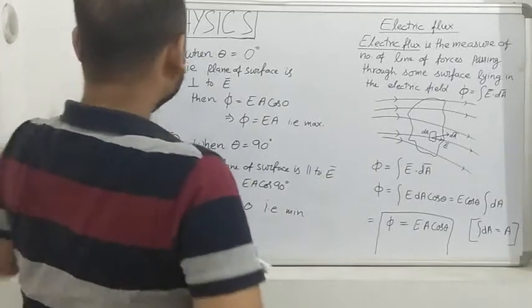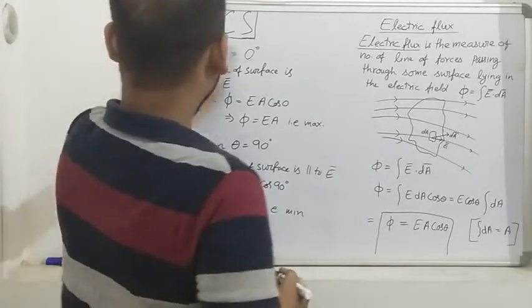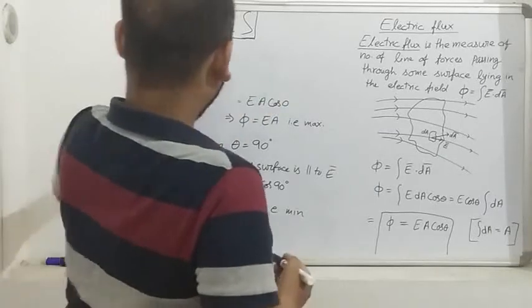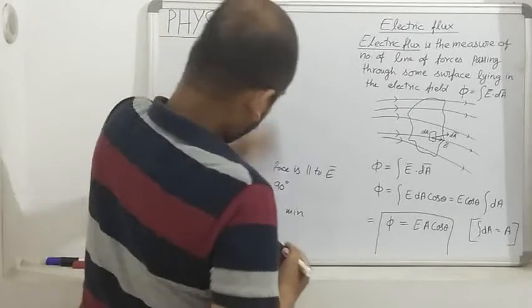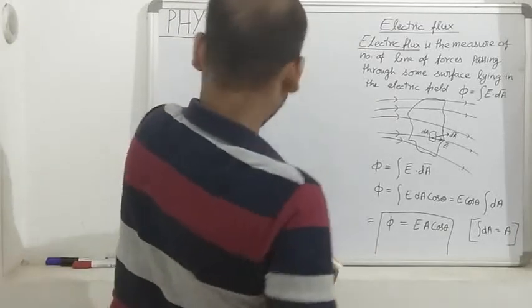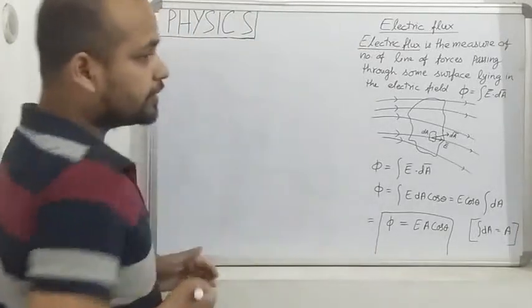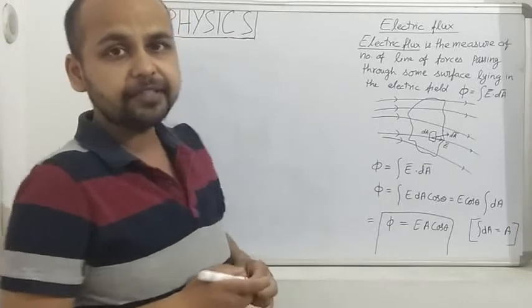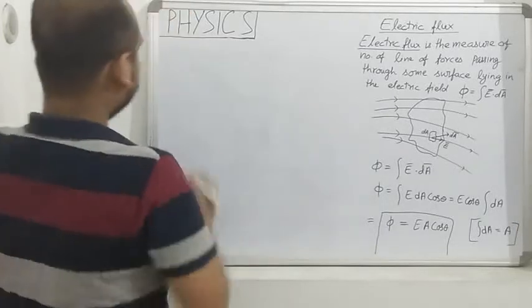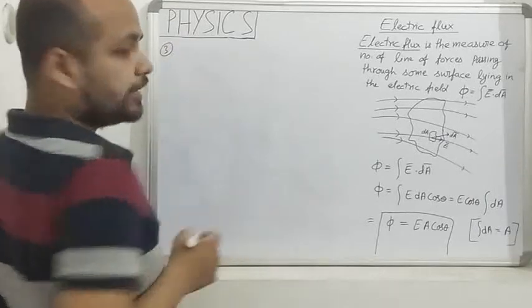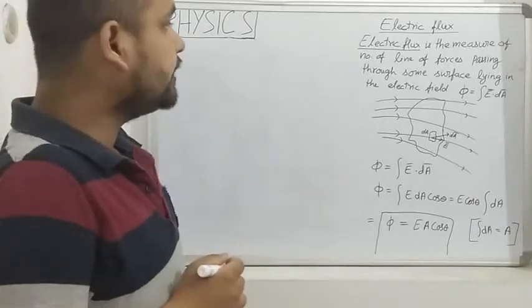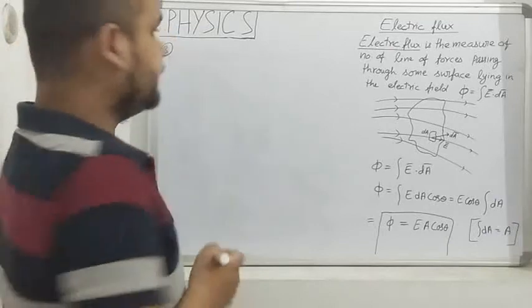The third case is when the electric line of forces are entering the surface, then what will happen? In that case, the angle theta will be equal to 180 degree.